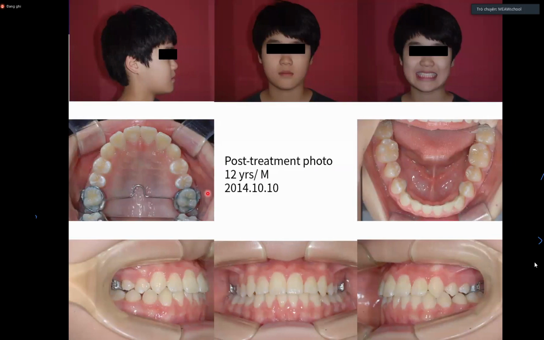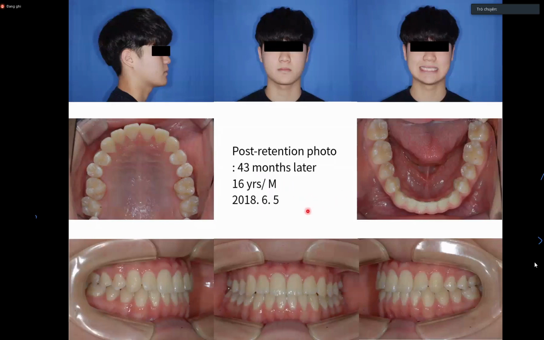Finally, we did non-extraction treatment for this patient. The next day, we'll discuss this patient in detail. These are post-treatment photos, 43 months later.